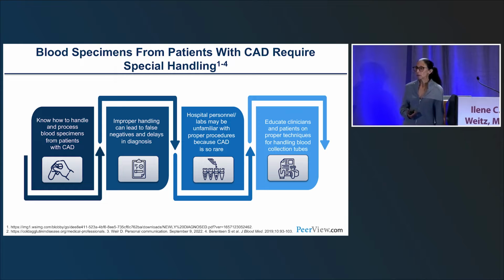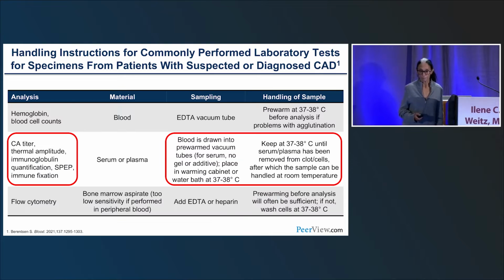For example, even drawing a CBC, you really need to have a pre-warmed tube, or by the time the blood gets into the tube, which is cold, it's going to start to agglutinate. And so you need to let the lab know what you're looking for, because the technicians won't know, and you'll want to have them handle the specimens properly.